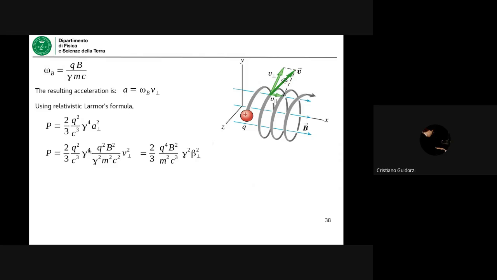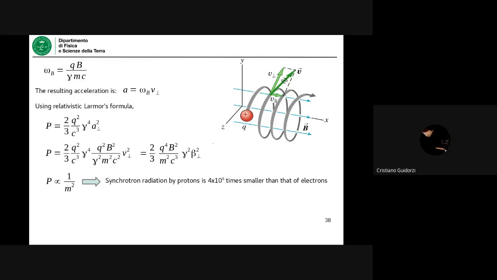You see that you end up with a dependence on the square of the magnetic field and the square of the Lorentz factor of the electron, as well as this term here, where I put v over c as beta perpendicular. And this is the power of one electron with a given velocity, with a given angle.